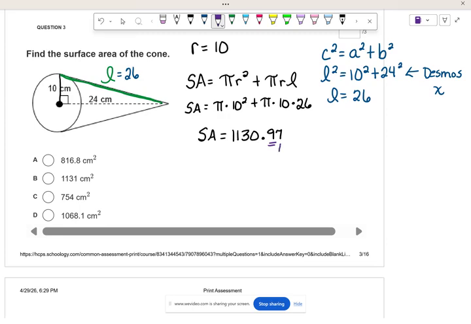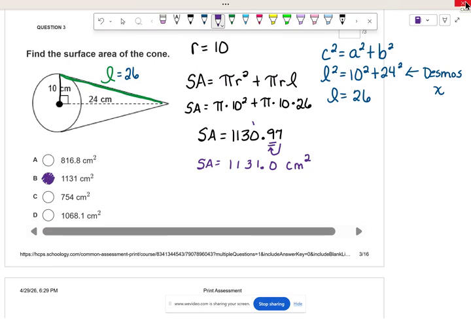The 7 tells the 9 to go up. If a 9 goes up, it goes up to a 10, and you carry the 1. So this would actually round to a surface area of 1,131.0 centimeters squared. That would be answer choice B.